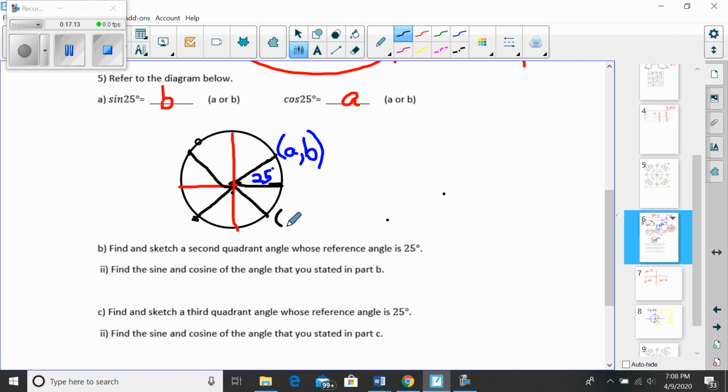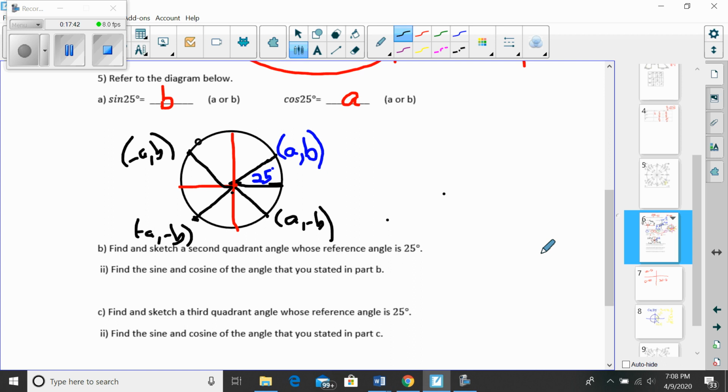Okay, this point would be negative a, b. This point here would be negative a, b. And this point would be negative a, negative b.